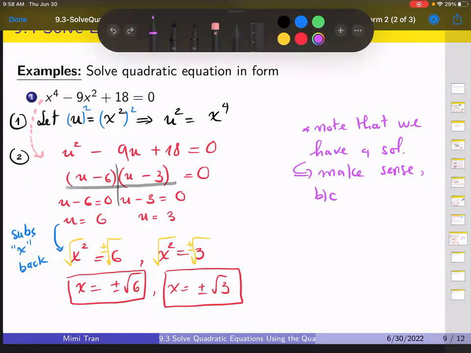Remember what I said? Depending on the power, it determines the number of solutions. Because it's a polynomial, if the highest power is 4, then it's 4 solutions. If it's 2, then 2 solutions. If it's 3, 3 solutions. That's why a quadratic equation always has 2 solutions, either complex or real or a double root.